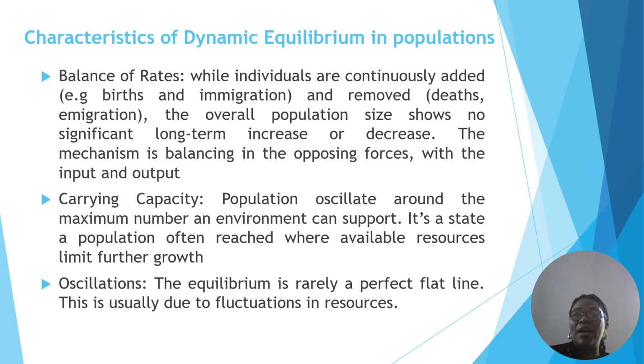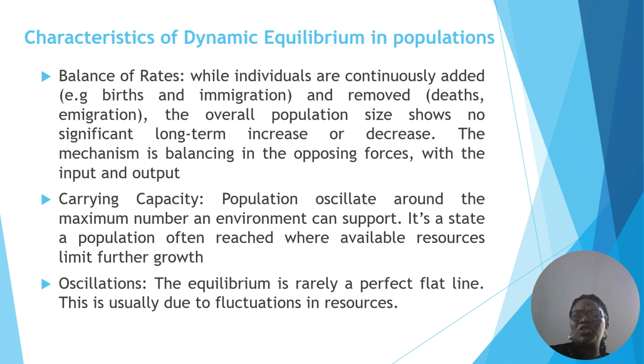That is, you have reproduction continuously taking place, and organisms adding to the population. You also have organisms being removed from the population through death or through leaving the population to another place, which is referred to as emigration.